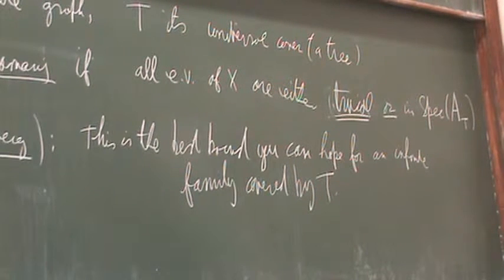Now I have any tree. Then I look at all the finite graphs covered by it, and they have two trivial eigenvalues, and all the others we call Ramanujan if they are in the spectrum of the cover. And I said you cannot get a better bound than that.